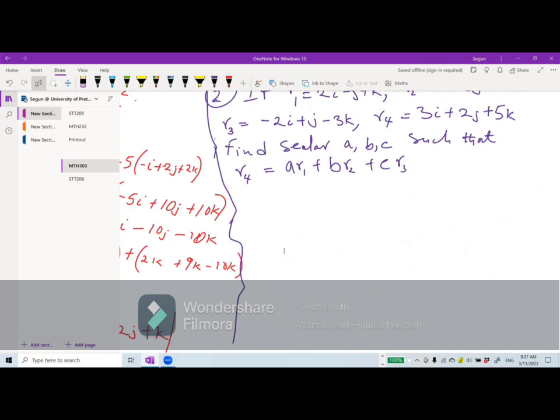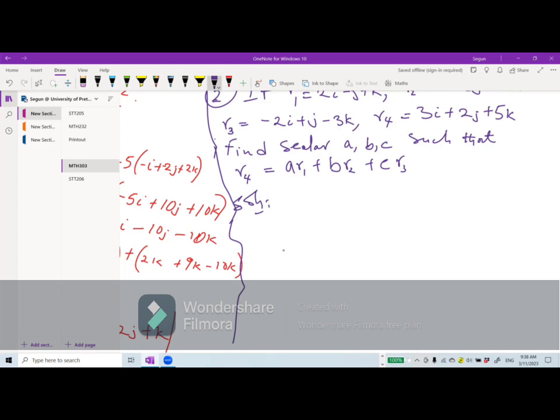One of the things we need to do is substitute our equation into this problem. Don't be confused. We have the value of R4 here, substitute it here. You know the value of R1, R2, and R3.